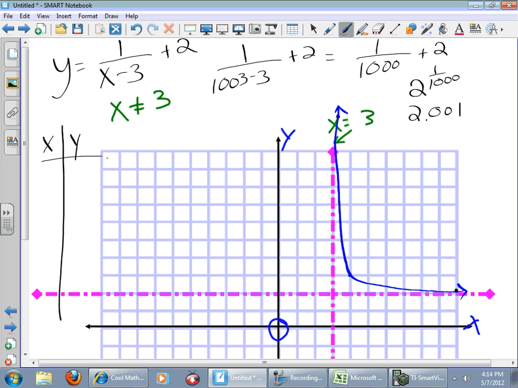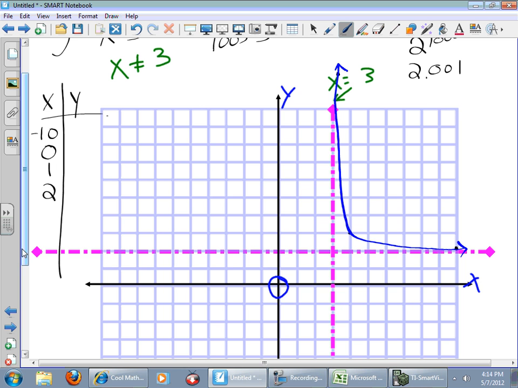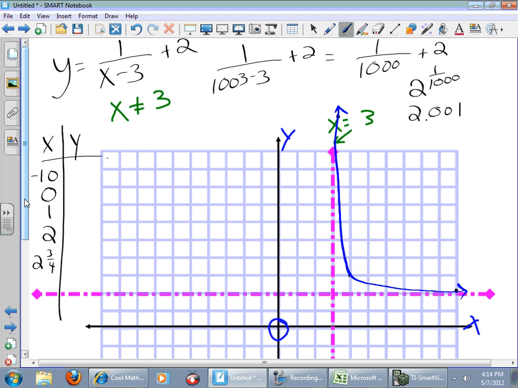I can put a negative 10 in, if I want to. I'm going to put, say, a 0 in, a 1 and a 2. The asymptote occurs at 3, so I'll even do a 2 3/4. When I put negative 10 in, I get 1 over negative 13, which is negative 1/13.